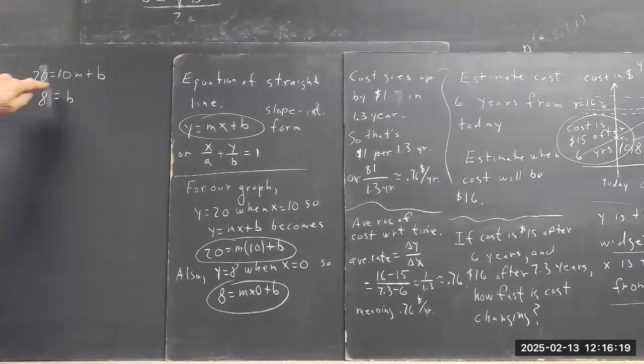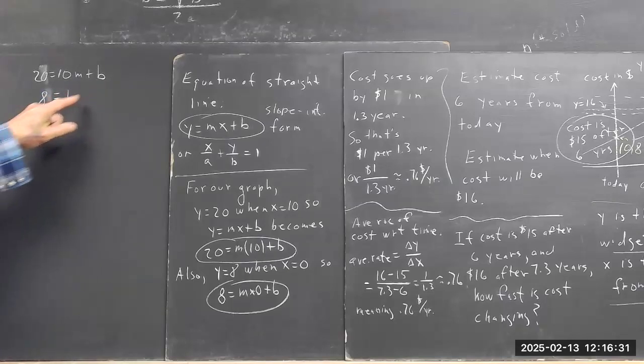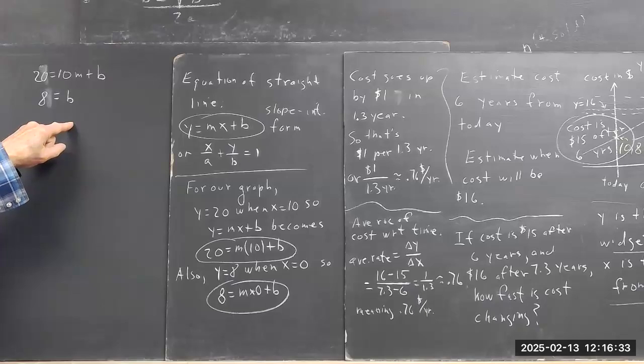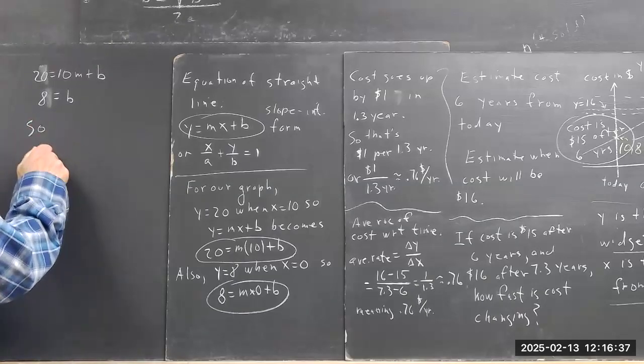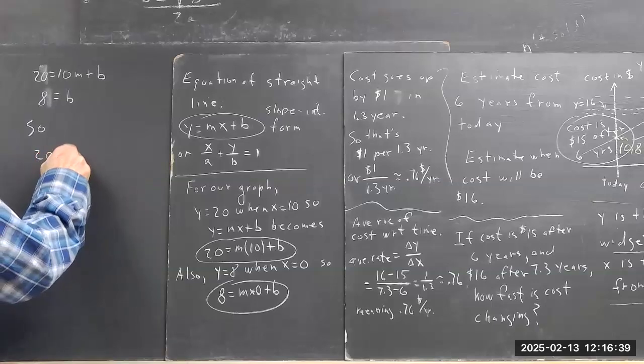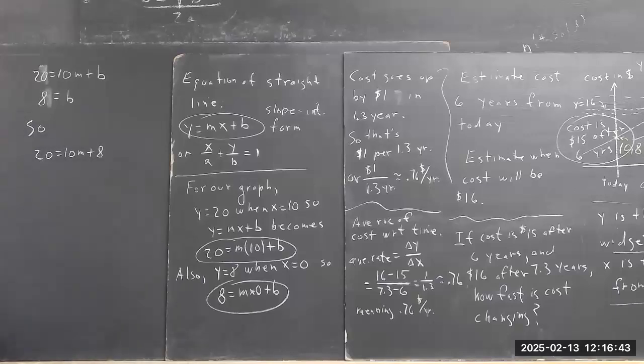They become 20 equals 10m plus b and 8 equals b. Now there are two things I can do with this. I can substitute 8 for b. B equals 8. 20 equals 10m plus 8.